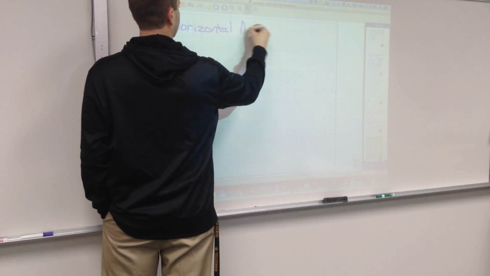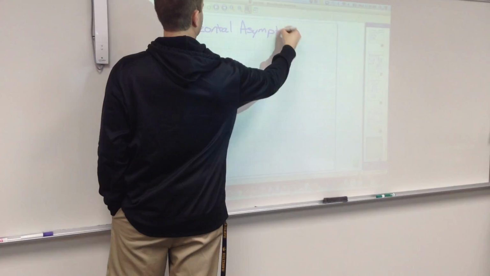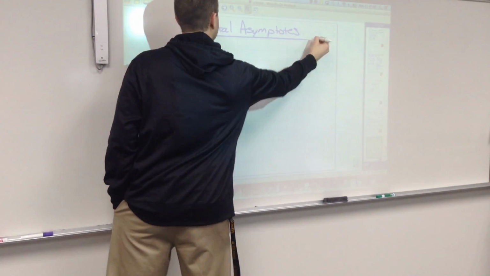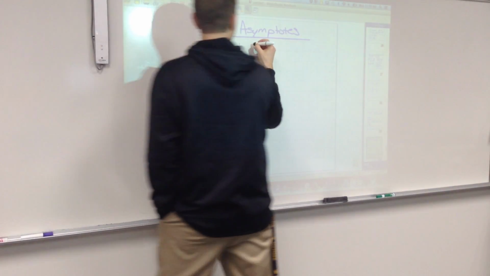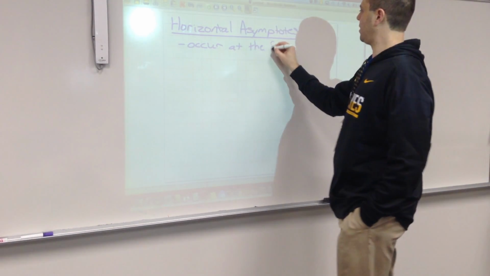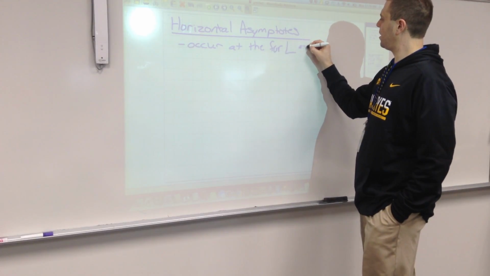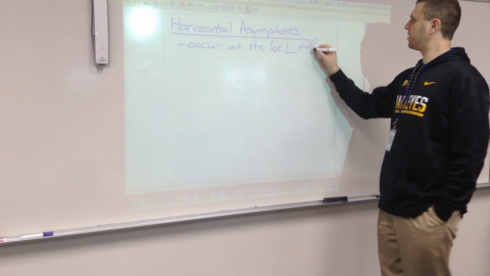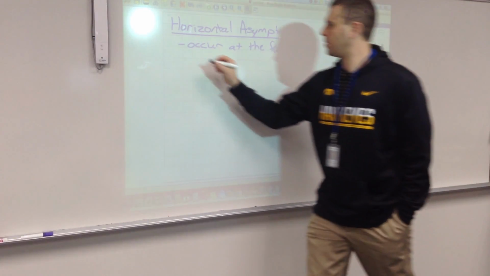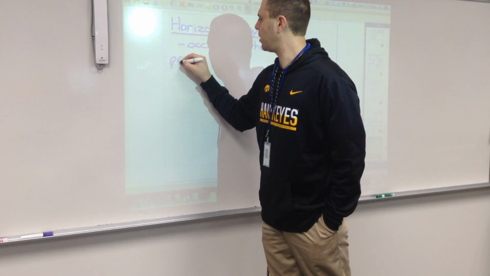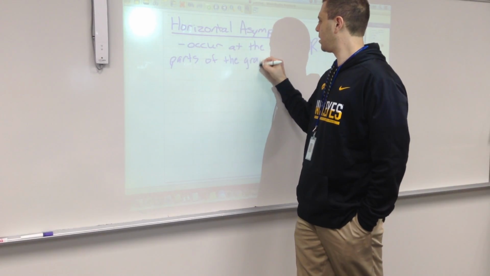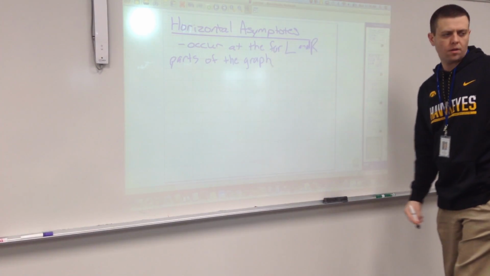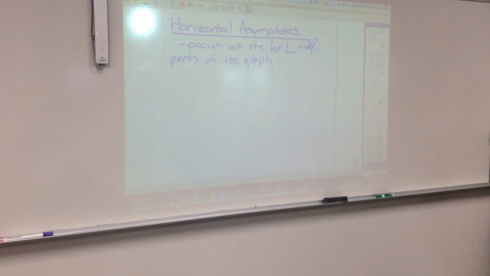Horizontal asymptotes occur at the far left and right parts of the graph. That's the very general way to put it.